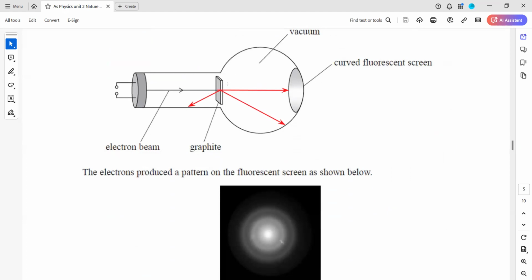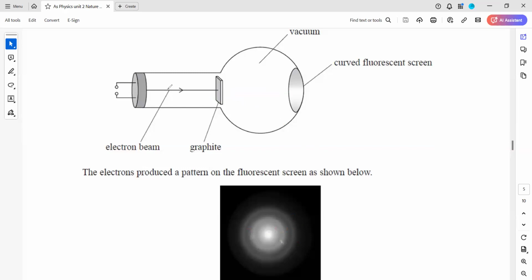This should be the observation. Only certain points should be visible, certain dots where we observe the electron. But here what we observe is a diffraction pattern, bright, then dark, then bright, then dark. So we observe a diffraction pattern.